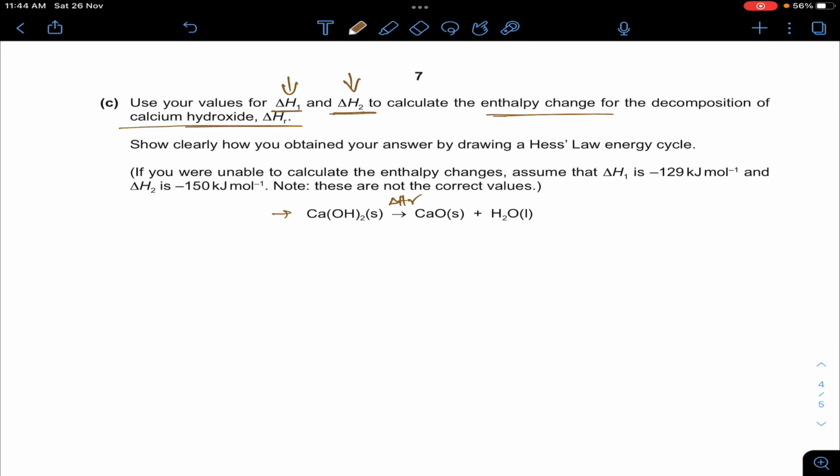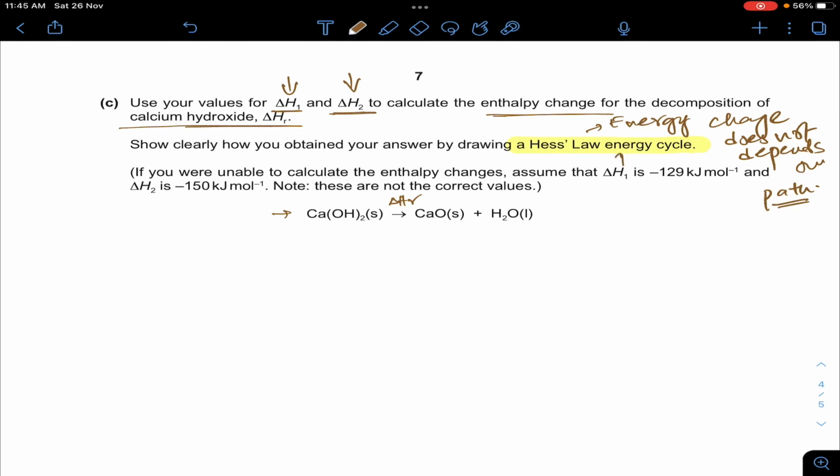Show clearly how you obtained your answer by drawing a Hess's law energy cycle, which says that energy change does not depend upon route. According to Hess's law, energy change does not depend on path or route. It only depends upon the starting point and the ending point.